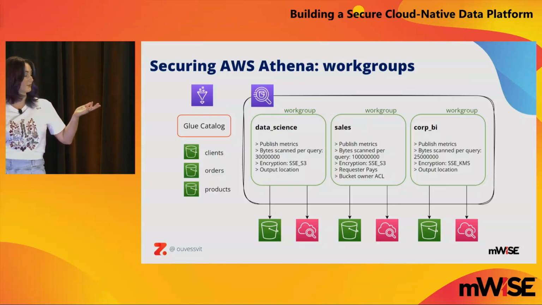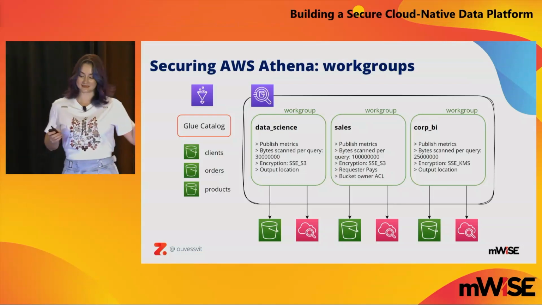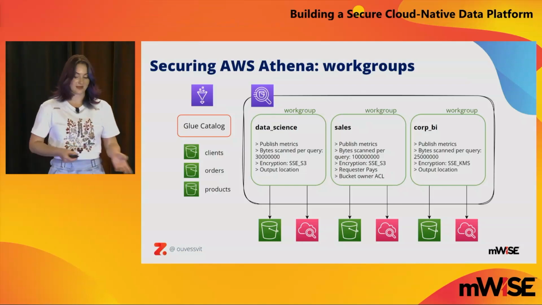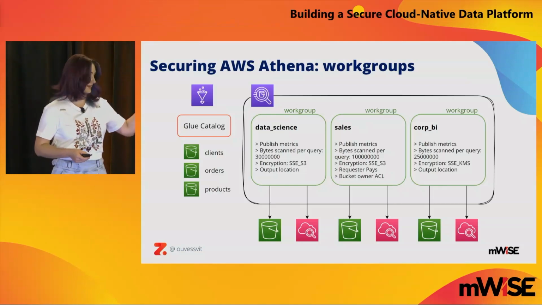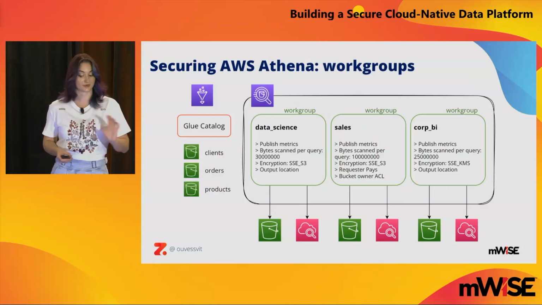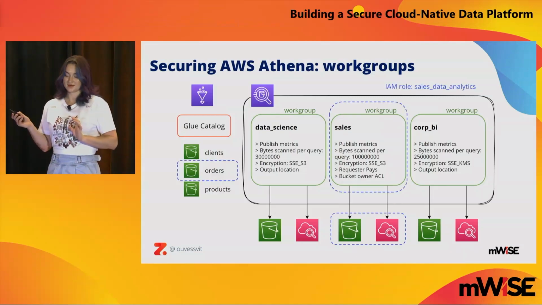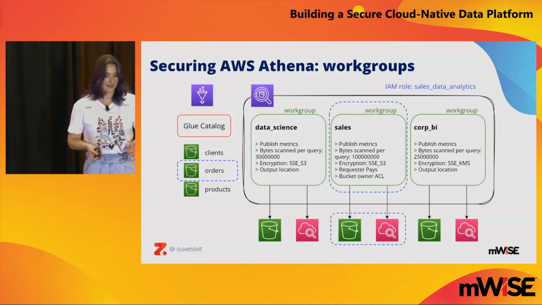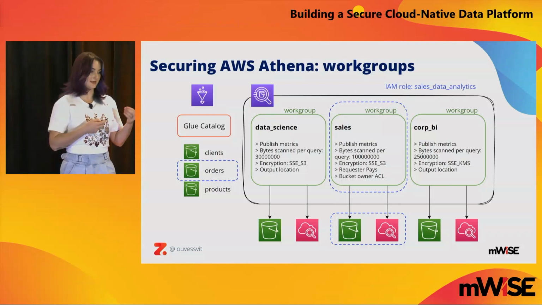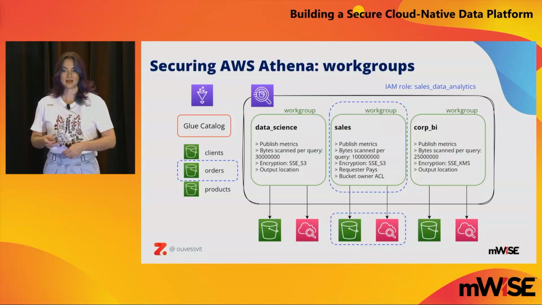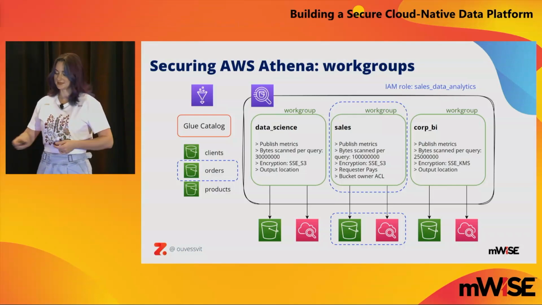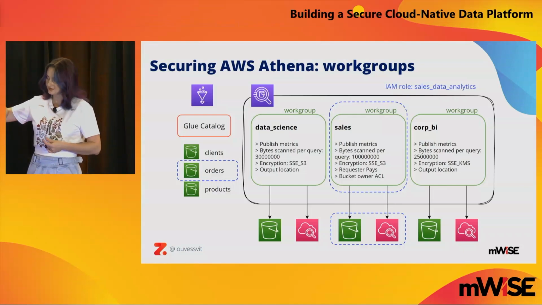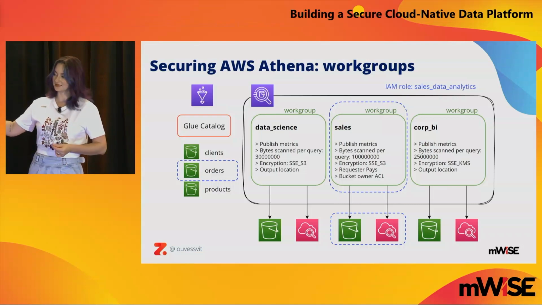In this example here, we have data science, sales, and corporate BI. And you have on the left different buckets, like clients, orders, and products. What you do then is create IAM roles for the different work groups. Each work group gets its own IAM role. To that IAM role, you allow access to only the bucket, only the data to which this group needs access.